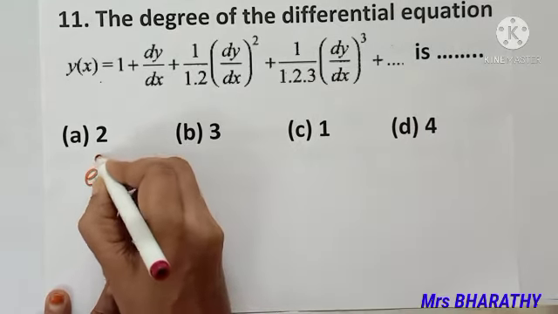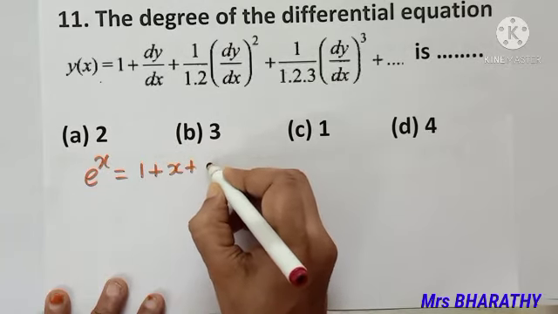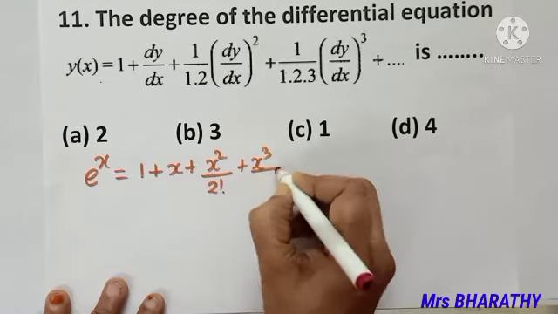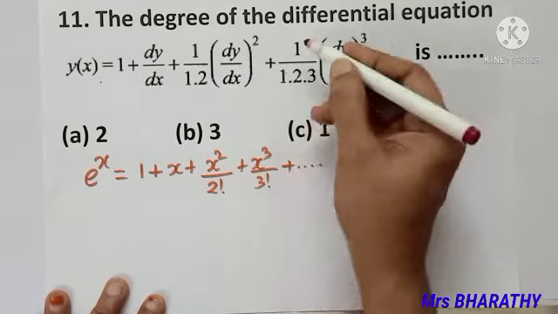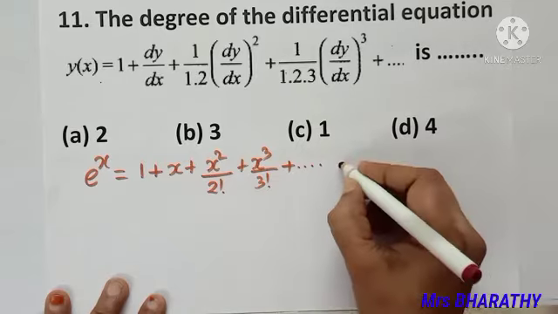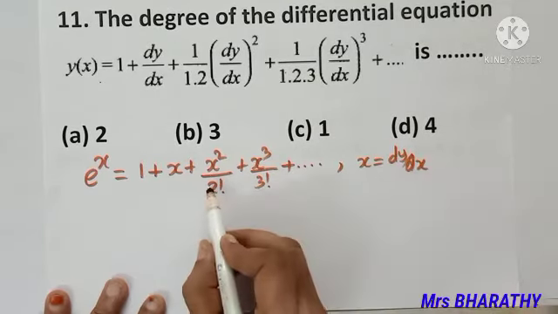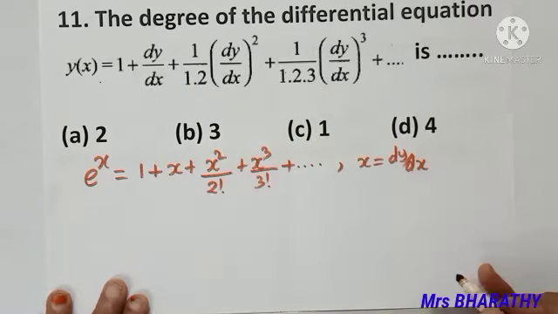We recall e power x is 1 plus x, x square by 2 factorial, x cube by 3 factorial, and so on. I just compare the RHS with this expansion. Instead of x, we have dy by dx. 2 factorial is 1 into 2, 3 factorial is 1 into 2 into 3.